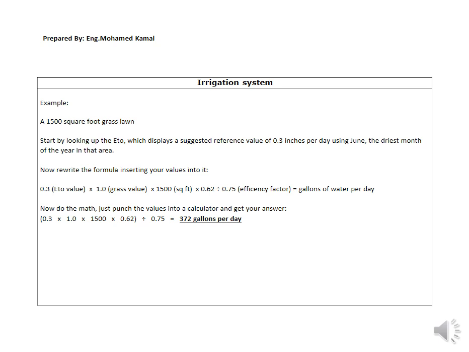So this relation will calculate a certain amount of gallons of water per day. You will see here that the required gallons per day, or the required water capacity per day, for this 1,500 square feet of grass lawn will be 372 gallons per day.